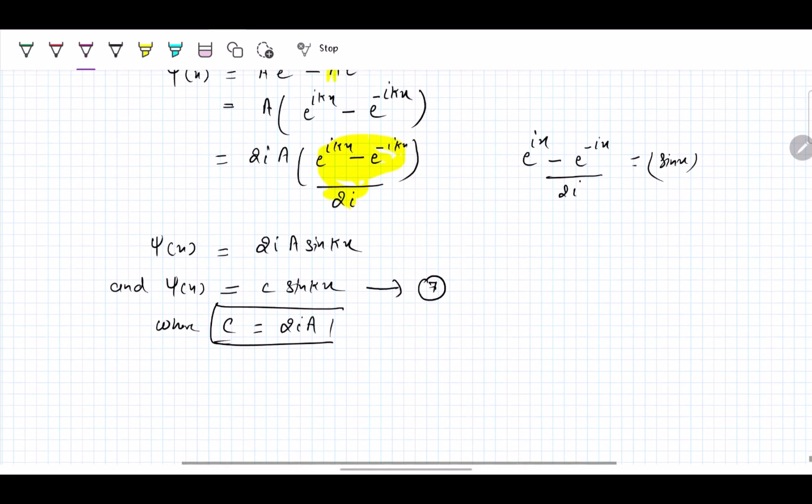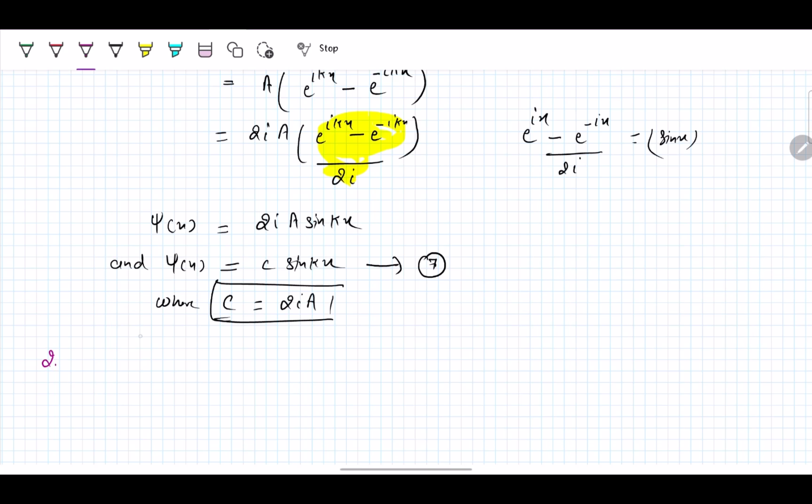Now let's apply the second boundary condition, which is at x is equal to L, where again the wave function is 0. We have solved up to equation number 7, so we can directly use this condition in equation number 7. This equation becomes 0 is equal to c sine of kx.